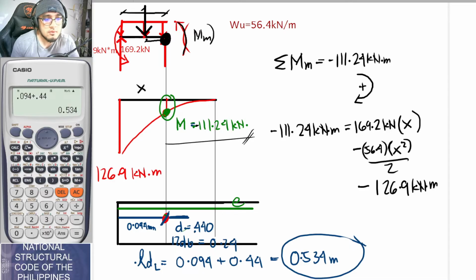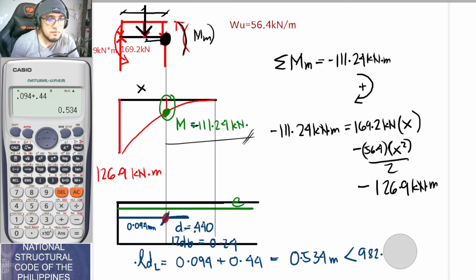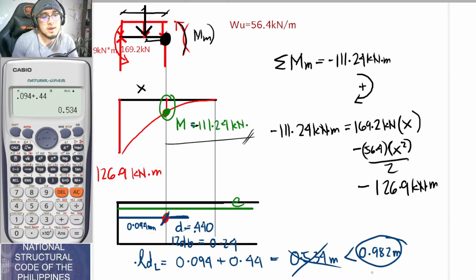Since our computed value is to be less than 982.71 mm, or 0.982 meters, for the consistency of the units, we will now be making use of this. So this one is disregarded. We will now be making use of this development length, from this point up until, of course, 0.982. So this is what we will use. Okay, so that is for your bars L.